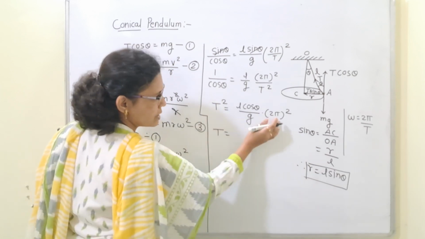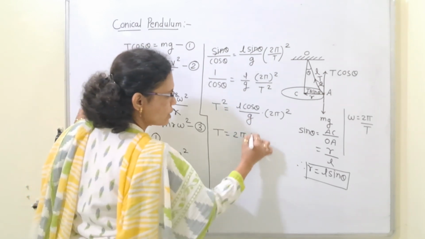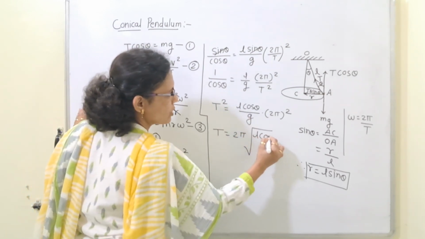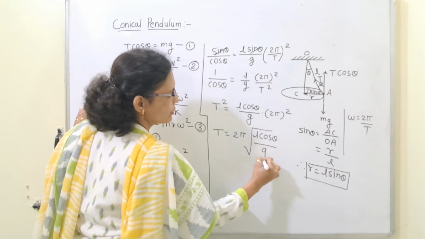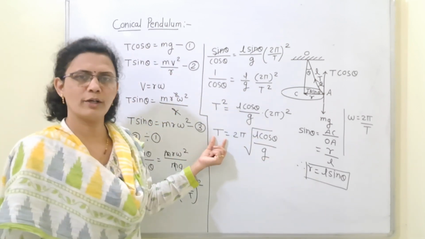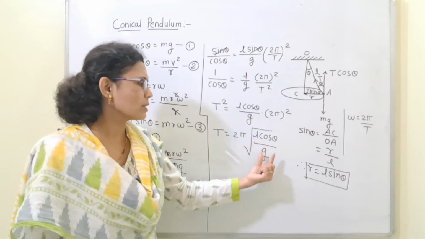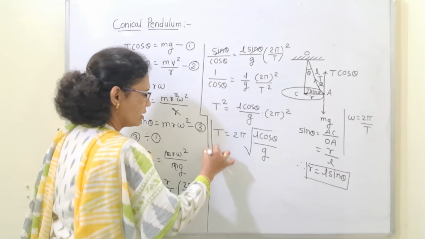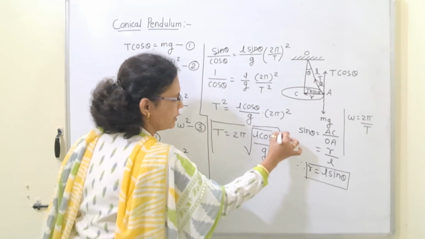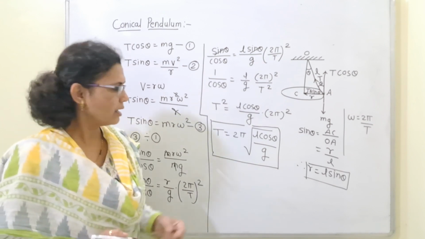T is equal to 2 pi under square root L cos theta upon G. That is, the time period of a conical pendulum has the formula 2 pi under root L cos theta upon G. This is nothing but the time period of the conical pendulum, right?